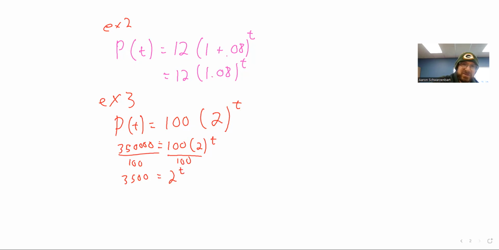I'm going to graph both of these. Actually, there's kind of the easiest way to often solve by graphing. Yes, option 1 is to do y1 equals 3,500 and y2 equals 2 to the x. Does have to be to the x. Option 2 is to solve this and make it equal to 0.